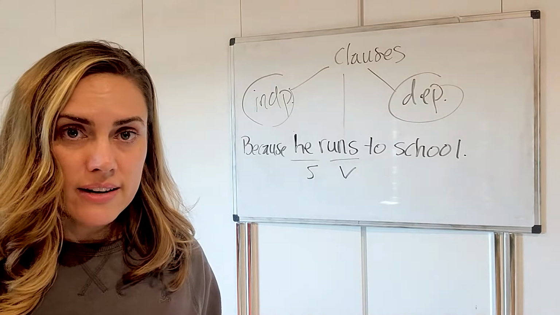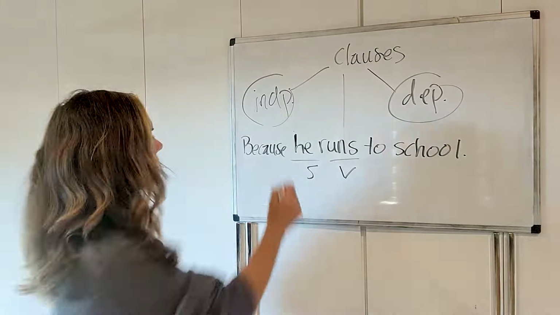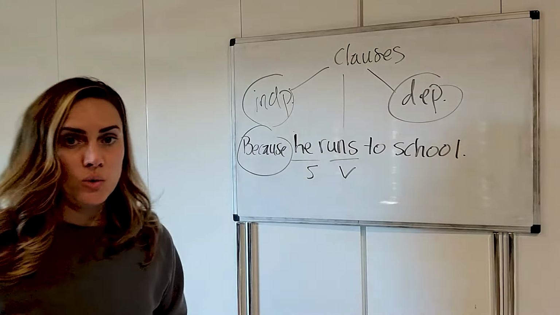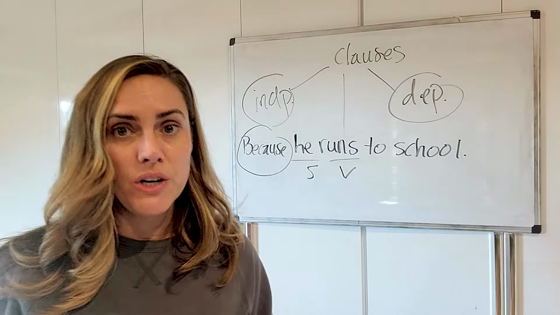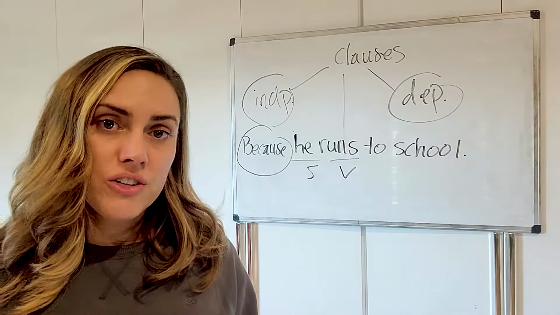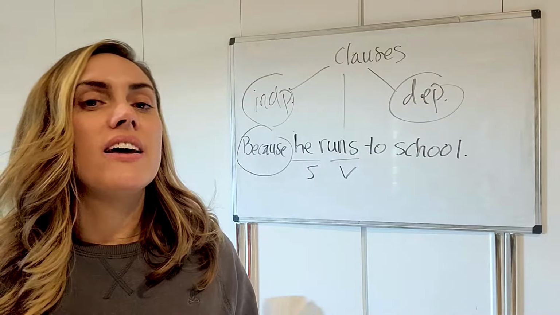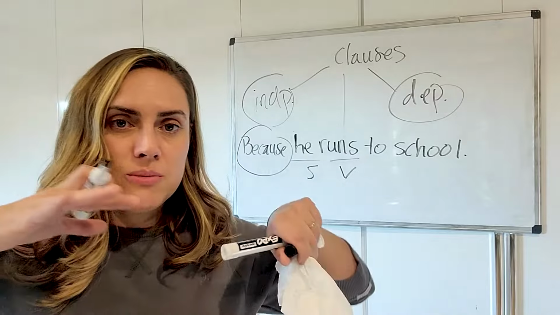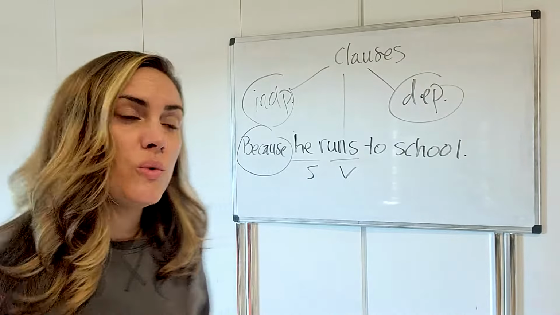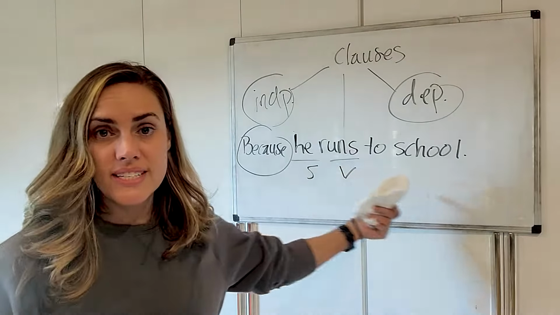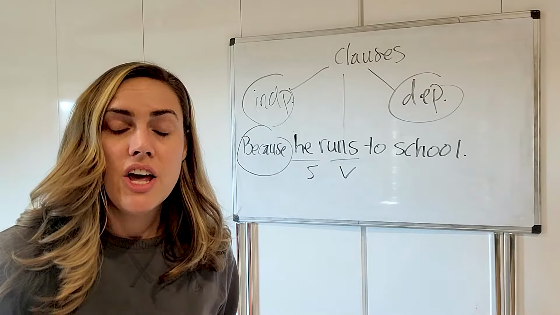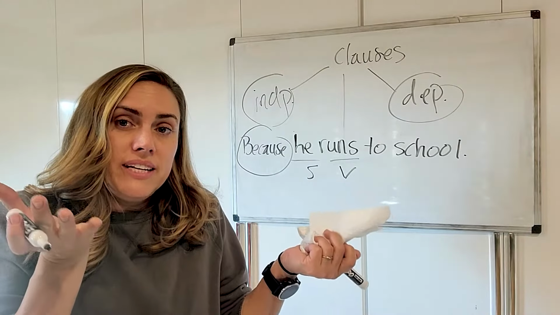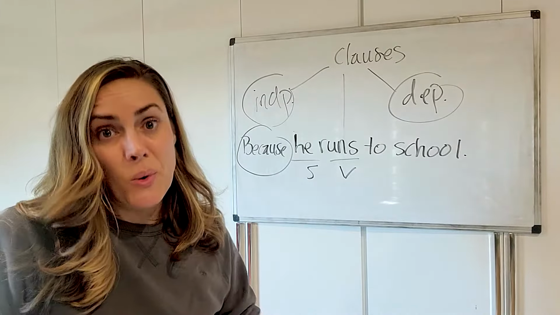Why did it suddenly become dependent? Because I added this word to it, and this type of word is called an adverb or a subordinating conjunction, okay? Subordinate just means below. So when you add a word like this to a sentence that's already complete, you make it go from being complete to incomplete or dependent.